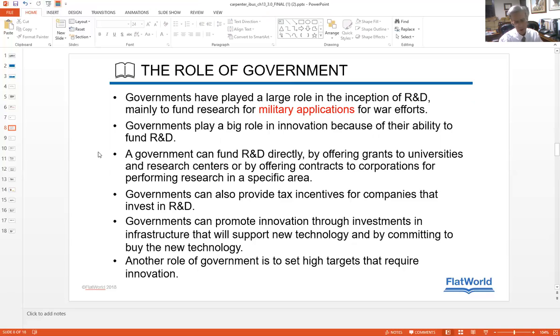But one of the most interesting experiences that the United States has had in research and development has been in the aerospace program, which has sort of slowed down in recent years, but now seems to be picking up a little.